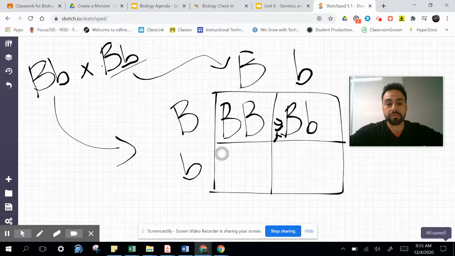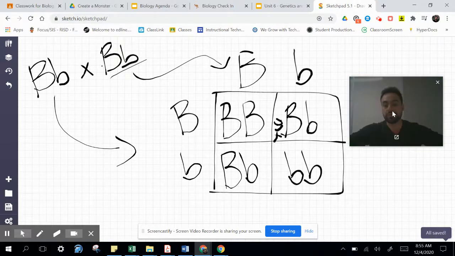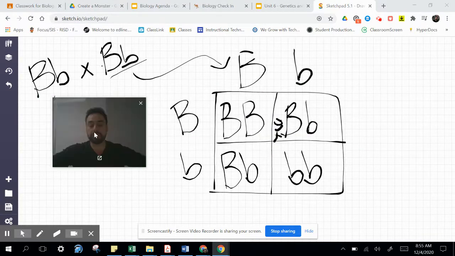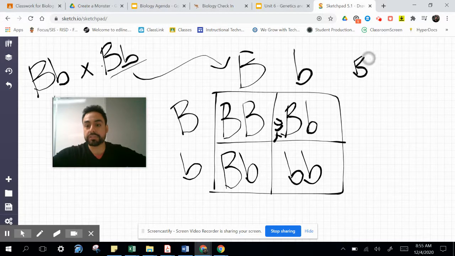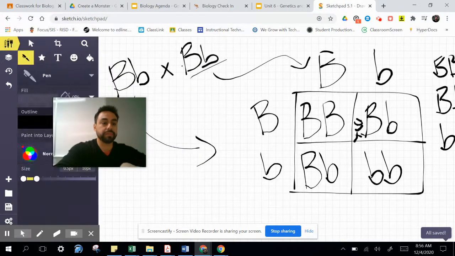Same thing for every combination. All right, and so for these boxes, I've got these possible combinations. Let me see if I can change color real quick.